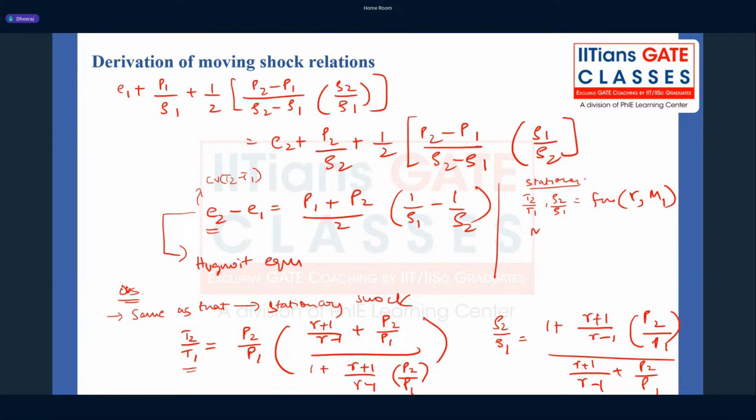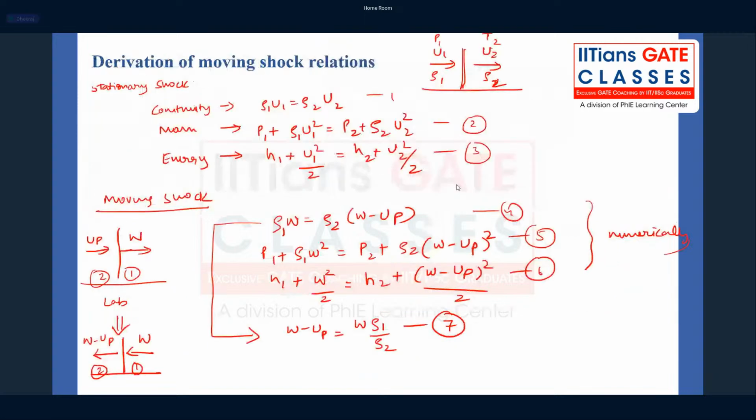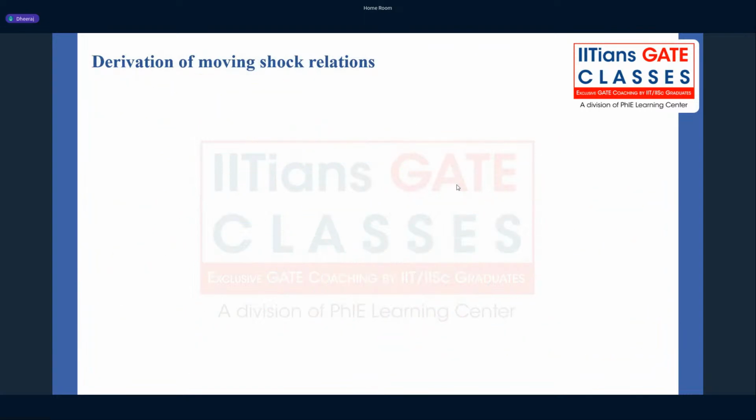But here, for a moving shock, these values are a function of gamma and my pressure ratio. So what is my pressure ratio? This is my pressure ratio, P2 by P1. This pressure ratio dictates how strong my shock is and what the downstream and upstream temperatures are. That is one important observation we can make.